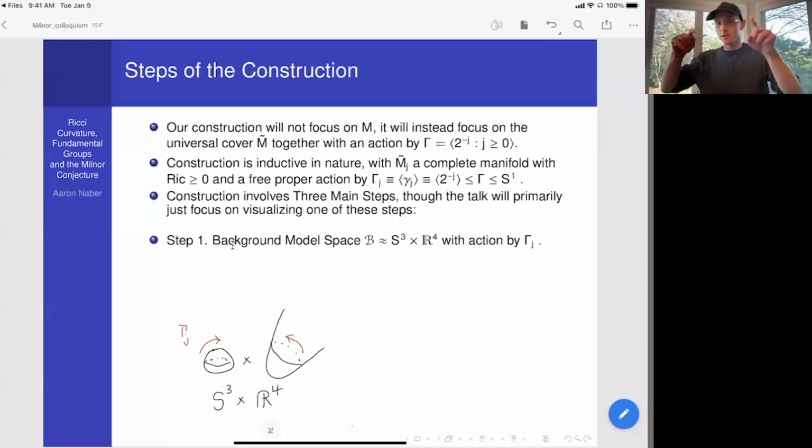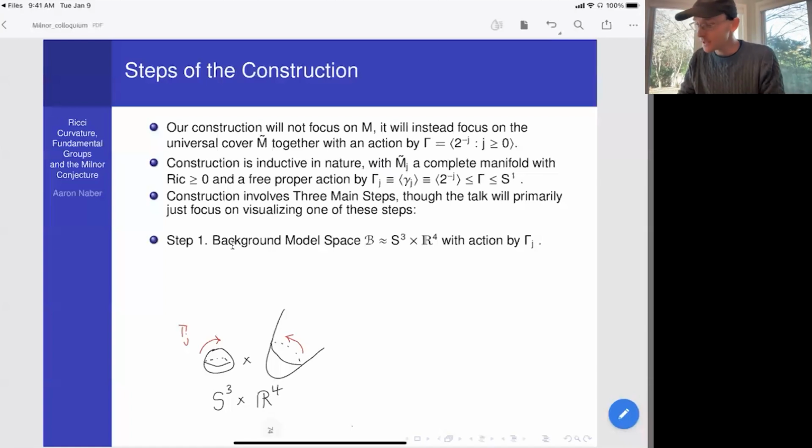So the action is going to rotate the circle factor, the S3 factor, in some fairly reasonable way, but it's going to be rotating the R4 at the same time. But as J gets big, it's going to be rotating the R4 faster and faster and faster, right? So we've got a pretty wild looking action that's doing that inside of our space. But the space itself is quite simple. It's S3 cross R4. I'm drawing R4 with a little bit of a bend just to show some positive curvature, but this is where we start.